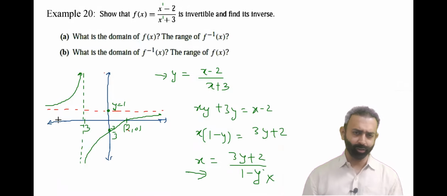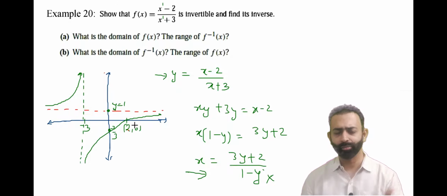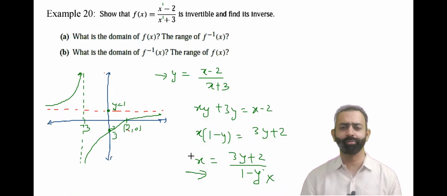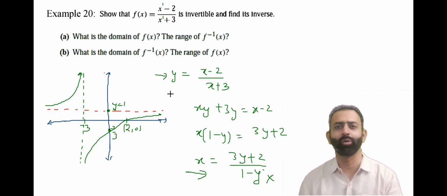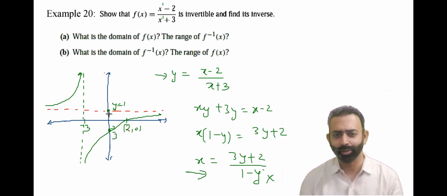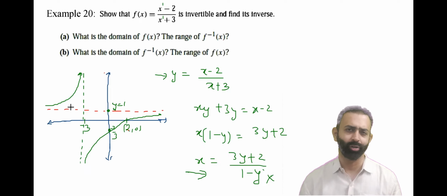There is one horizontal line, y is equal to 1, which is not in the range of the function, so it is not in the domain of the inverse function. Y is not becoming 1. Except for this line, the function is 1 to 1.